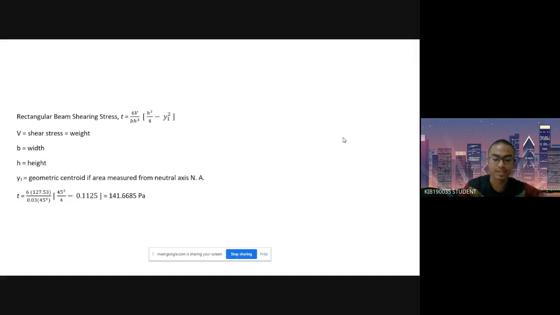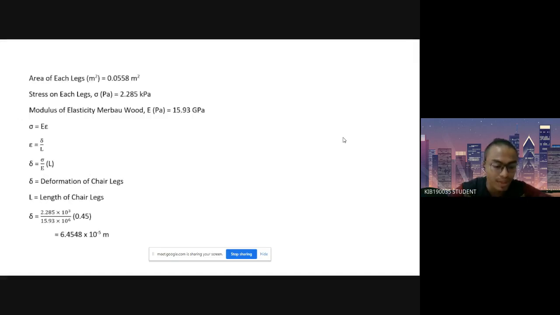Pascal. And then lastly, we are going to calculate the deformation of the leg. Firstly, we need the area of each leg, our total area, and then we need the stress acting on each leg, which is represented by the sigma symbol. We're also going to use the modulus of elasticity value that was mentioned by Shahir just now. From the stress formula, we can derive and replace so that the delta will be our subject.